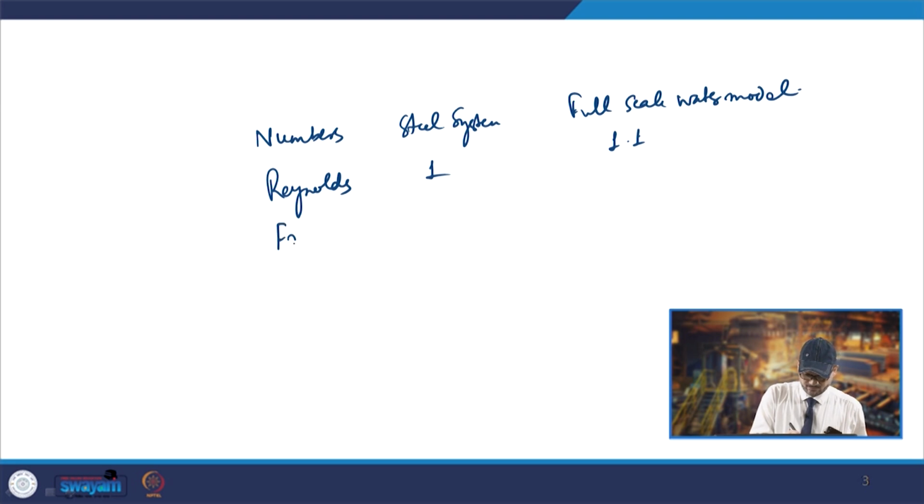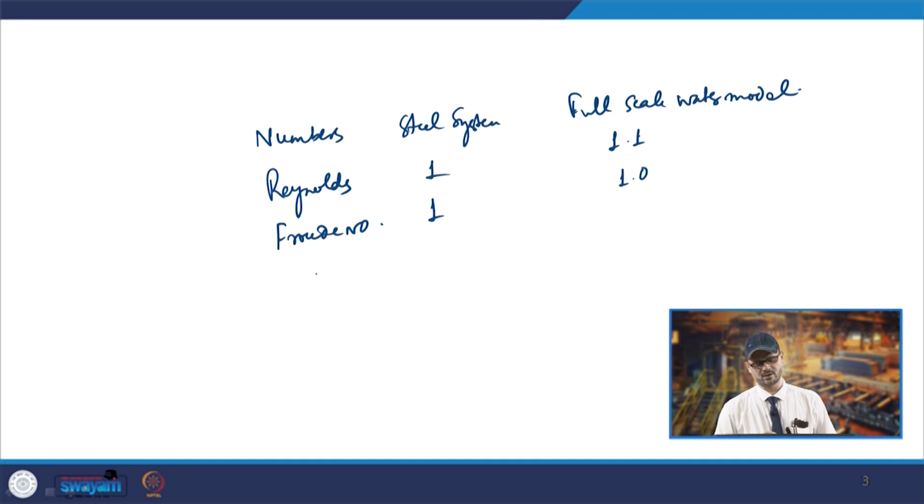Similarly, for the Froude number, if it is 1 in the steel system, you keep 1 in the full scale water model as well. That Froude similarity is normally kept in mind. Similarly for the Weber number, if it is 1, in that case it will be 3.1.